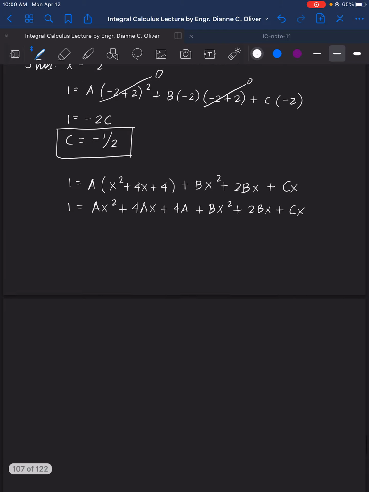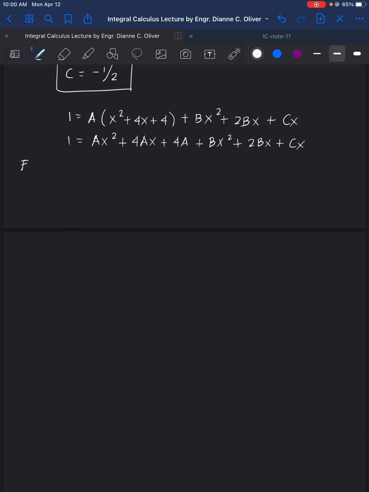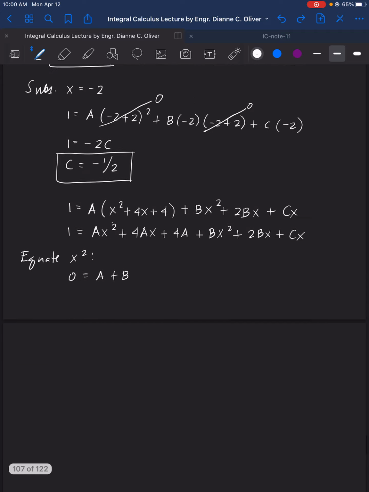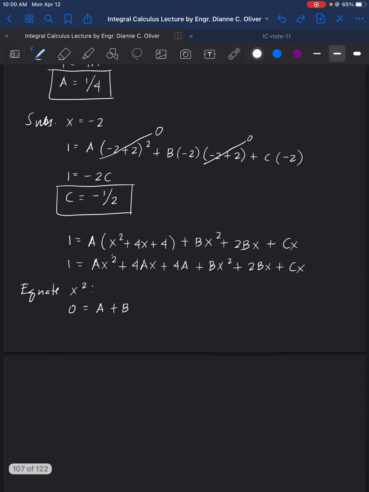Then, let's equate x squared. So we have here 0 equals a plus b. Knowing the value for a, we already have a as 1/4.